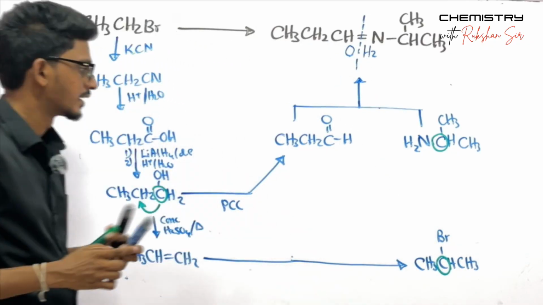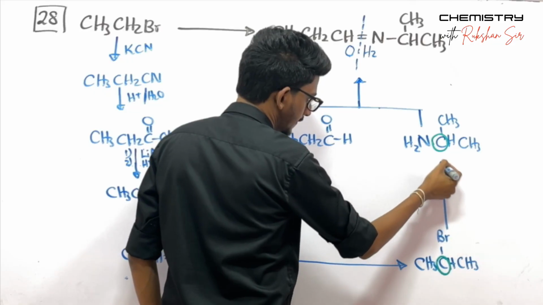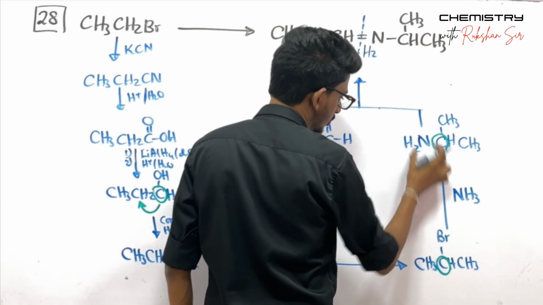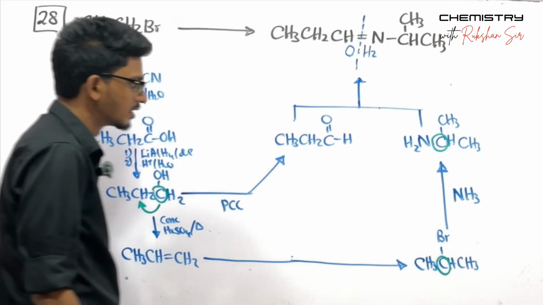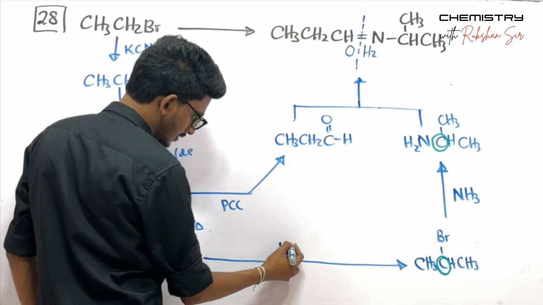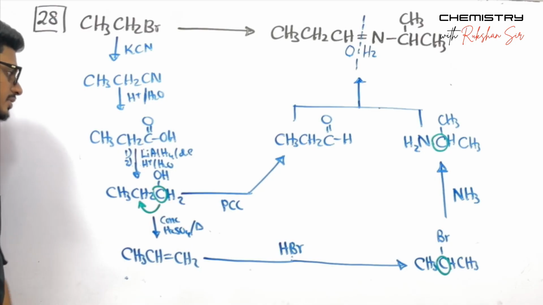Now this Br can be easily converted to NH2 by adding NH3. Right? So to do this stuff, just HBr. Alright, that is the conversion. So just convert this stuff.